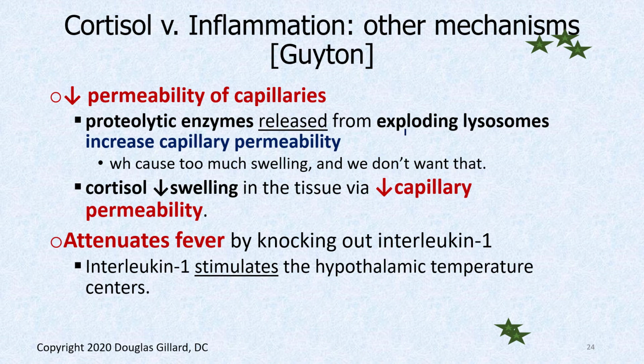So cortisol prevents that, or decreases permeability of capillaries. In addition, cortisol stops these lysosomes from blowing up and releasing nasty stuff. It also attenuates fever. It knocks out interleukin 1. Interleukin 1 stimulates the hypothalamic temperature centers and causes fever, and cortisol blocks that mechanism as well.